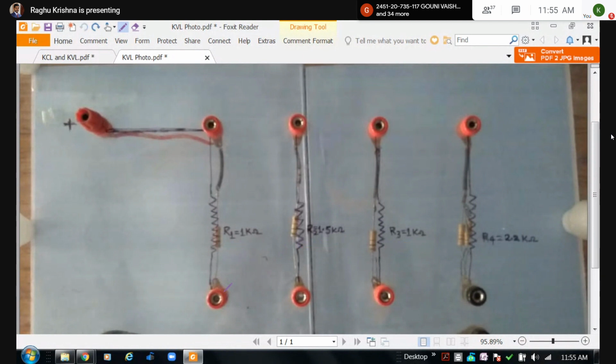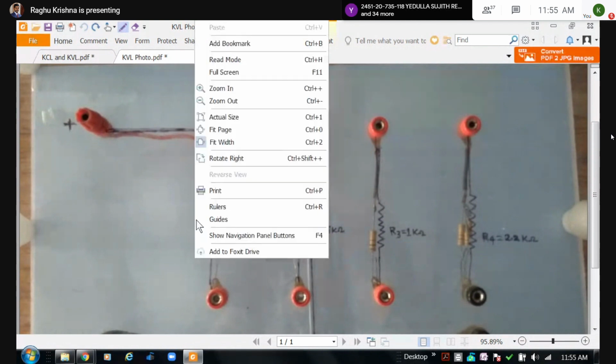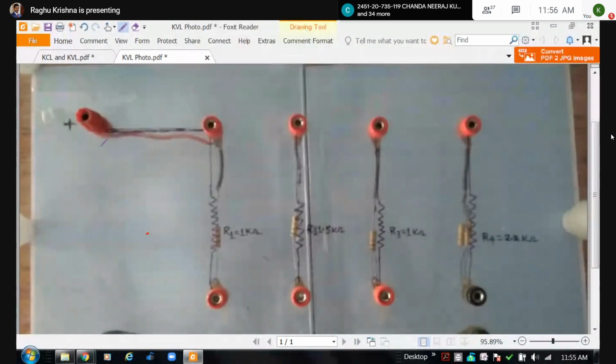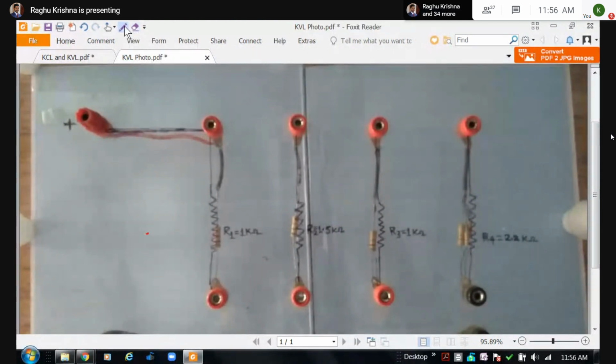Let us see here on the kit. Already you can see a wire here. This is a copper wire; inside there will be copper. This is a cable.